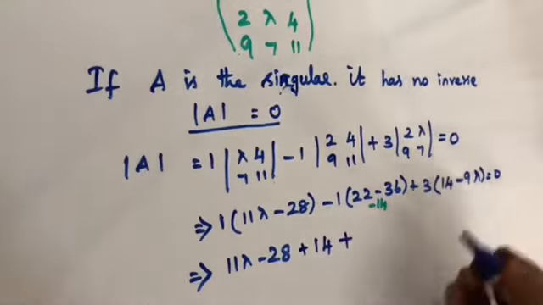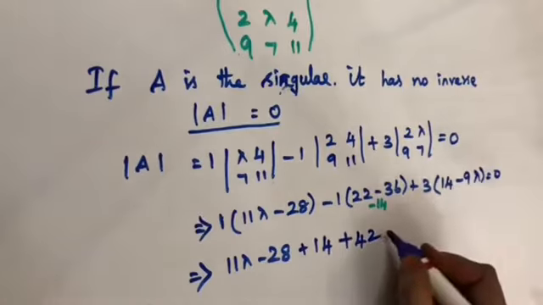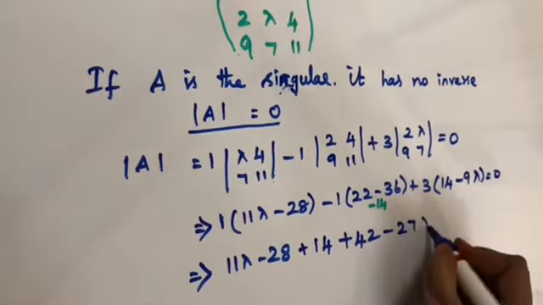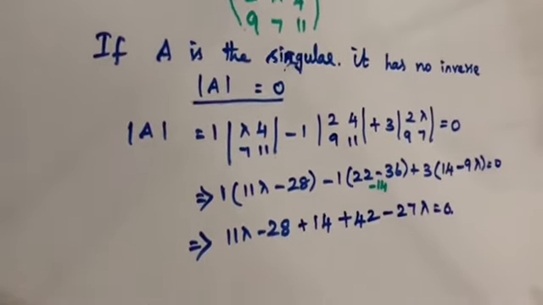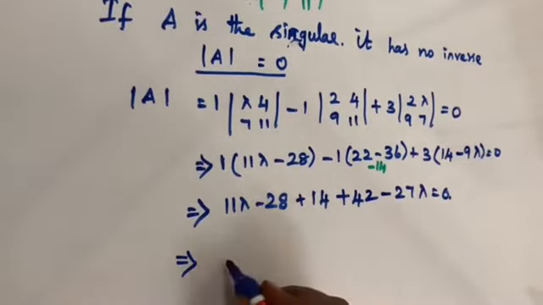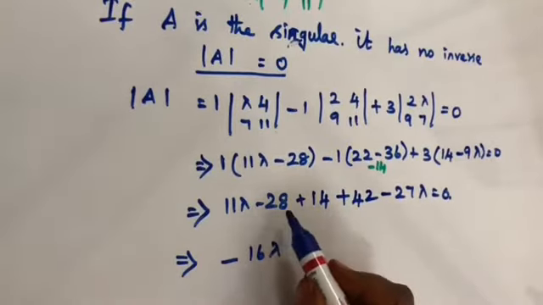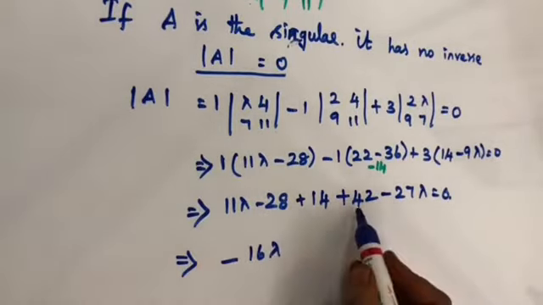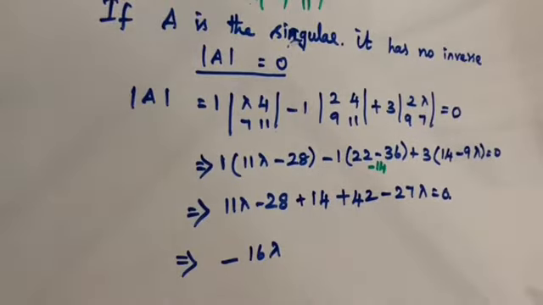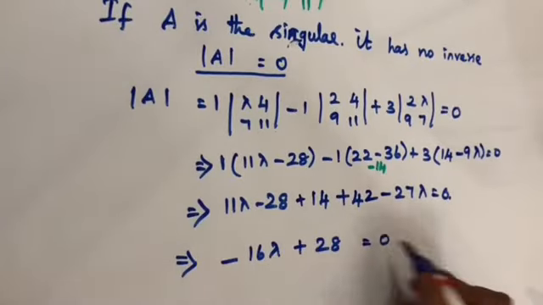Then 3 14s are 42, minus 27 lambda is equal to 0. That implies 11 lambda minus 27 lambda, so it is minus 16 lambda. The constants are minus 28, 14 and 42; while simplifying that, we get plus 28 is equal to 0.